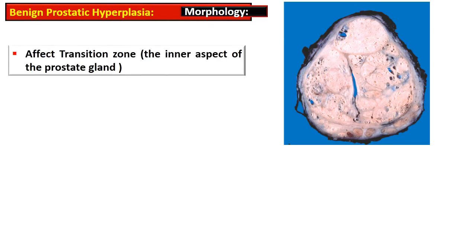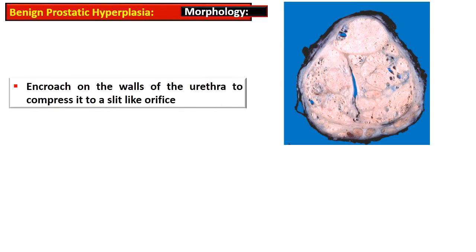It affects the transitional zone, that is the inner aspect of the prostatic gland, and this is a less frequent site for carcinoma. Only 5% of tumors arise in this area. Mostly the hyperplasia occurs in this area, the transitional zone.